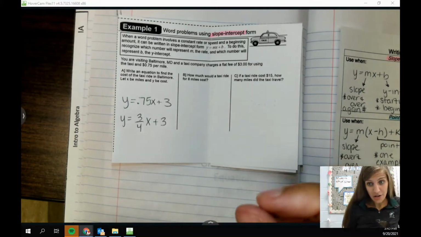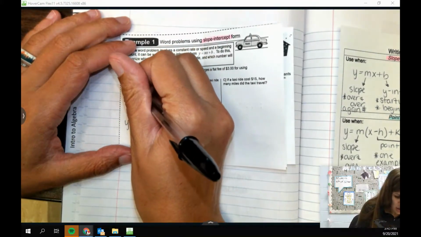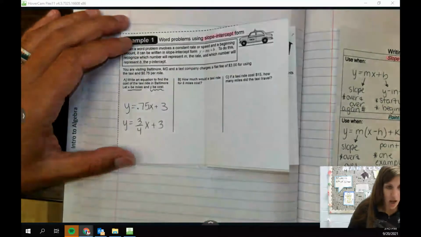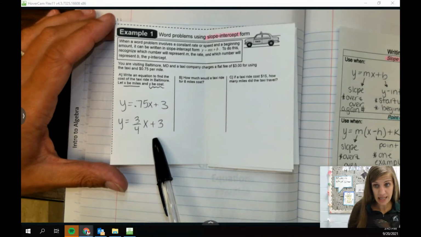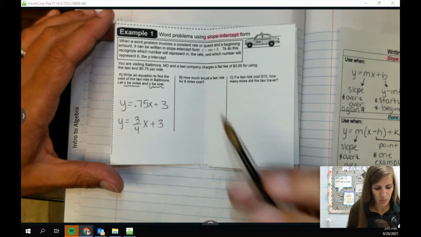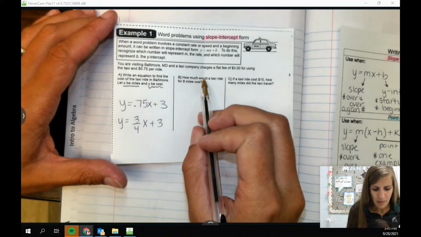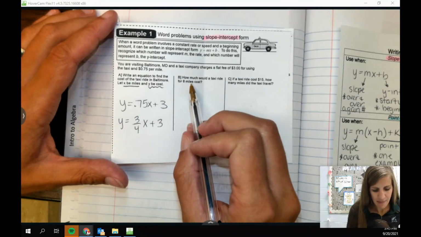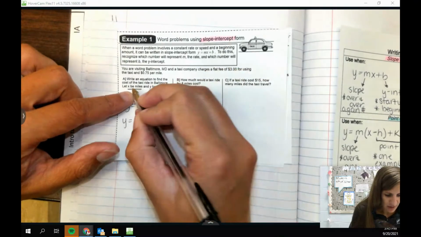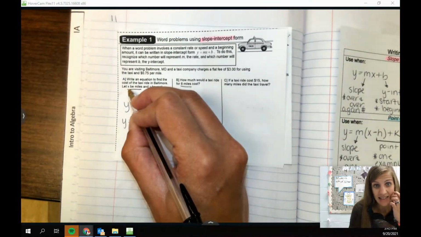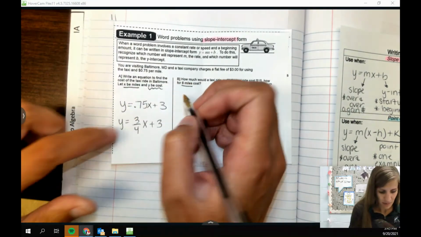Now, the other stuff that's kind of important is to notice that they're telling you x is miles and y is cost. So when I go over and try some more problems that are related to this one, I can make sure I put the numbers where they're supposed to be. So how much would a taxi ride for 8 miles cost? Well, 8 miles, they're telling me that x is now 8.